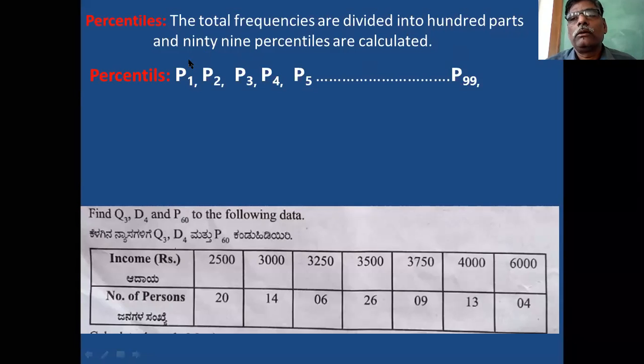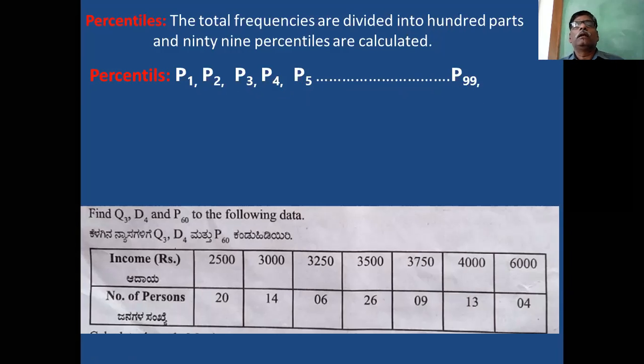If the frequencies are given, the total frequency is to be divided into 100 equal parts, and you have to calculate 99 percentiles, 99 parts. Okay, P1 is the first percentile, P2 is the second percentile, P3 is the third percentile, P4 is the fourth percentile, P5 is the fifth percentile. Like this, up to we calculate the P99 percentile.